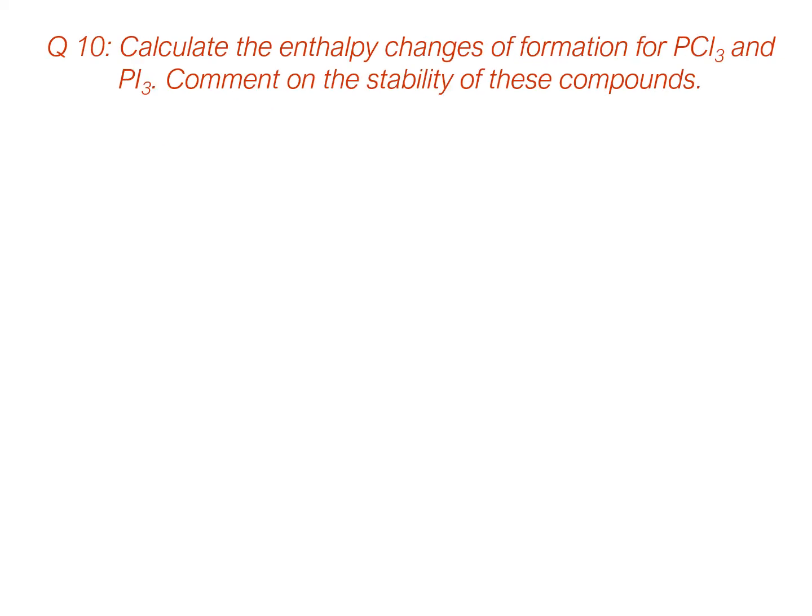The final question in lecture 6 is question 10, which is asking us to calculate the enthalpy changes of formation for PCl3 and PI3, and then using these to comment on the stability of each of them. The textbook actually gives a general enthalpy cycle for the formation of group 15 halides on page 1245.